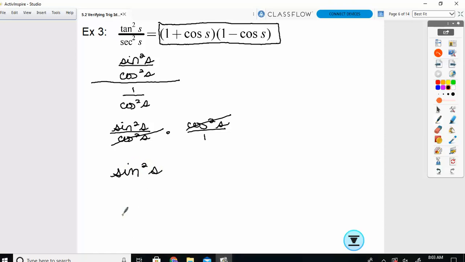All right, look at our goal. We are trying to turn this into 1 plus cosine s times 1 minus cosine s. How? So we just have sine squared s. We're trying to get cosines. Sine squared is the same thing as 1 minus cosine squared.